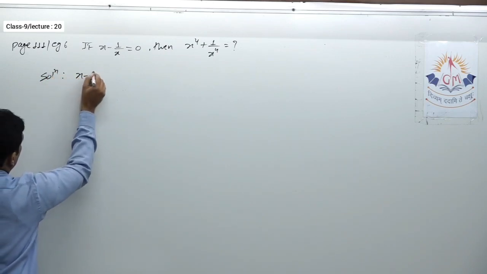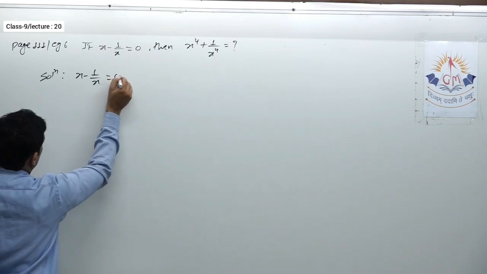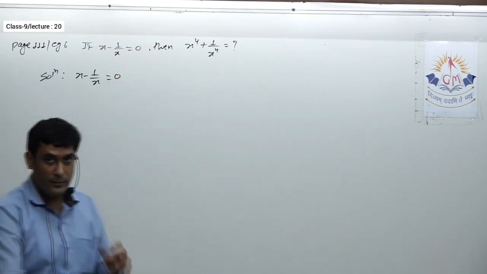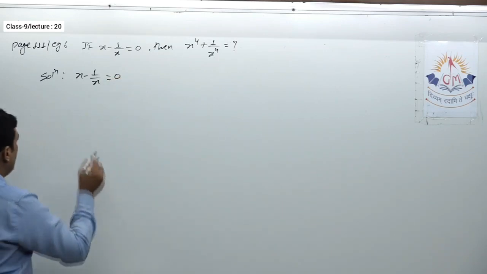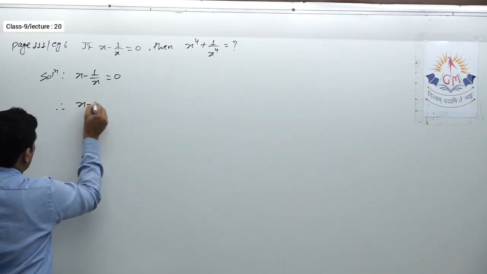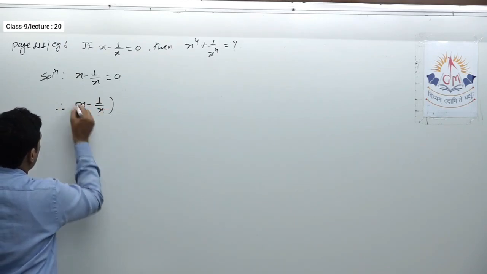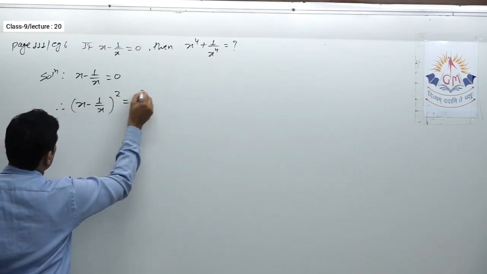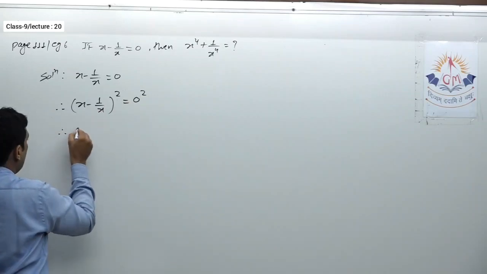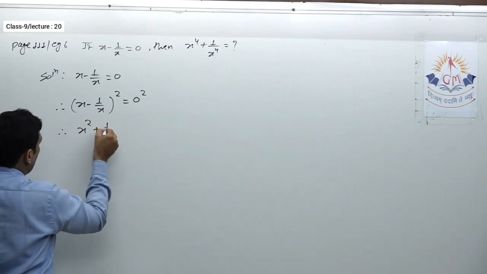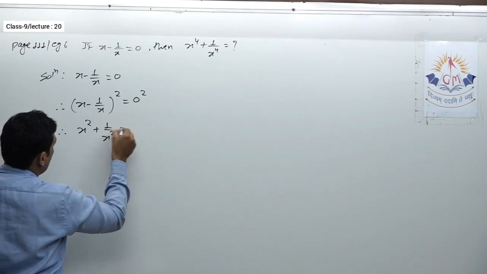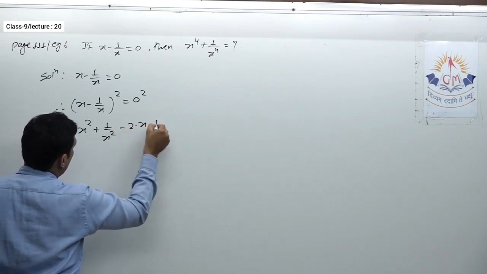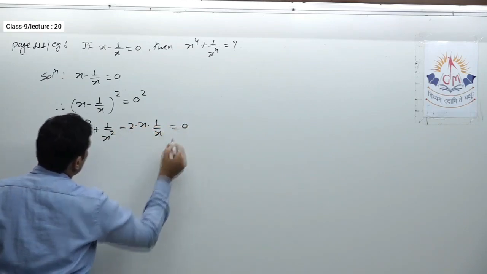Okay, so we have x minus 1 upon x equal to 0. First we'll square both sides. So I will get x minus 1 upon x whole square is equal to 0 square. This will be a square plus b square minus 2ab is equal to 0.